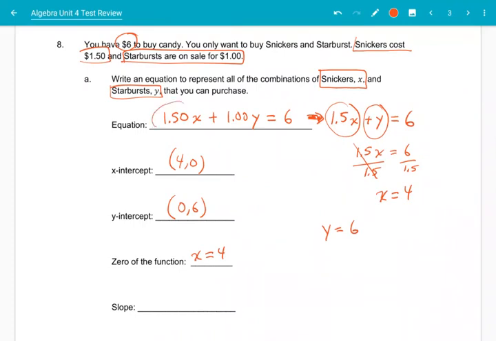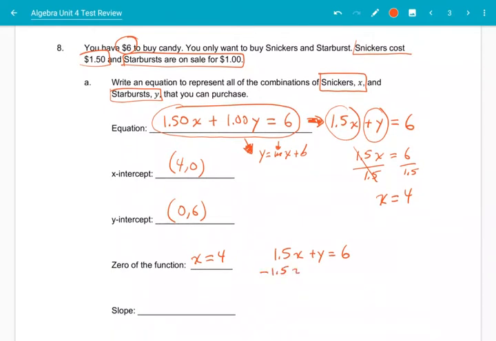We're going to find the slope of our original equation. Here's an easy way we can do it. Let's just solve for y. Put it into y equals mx plus b form. And then we'll just find the m there. So we will subtract 1.5x from both sides.